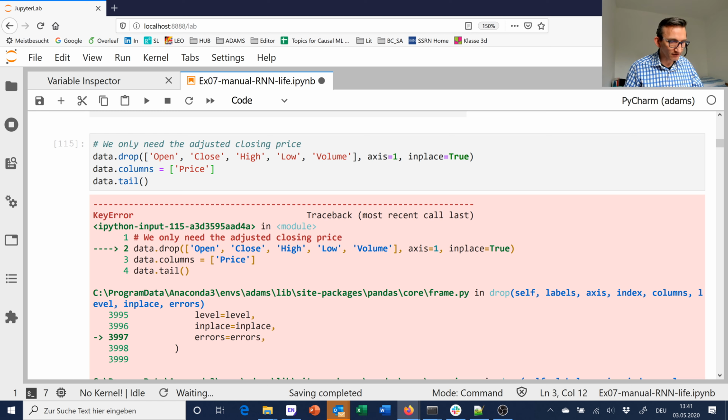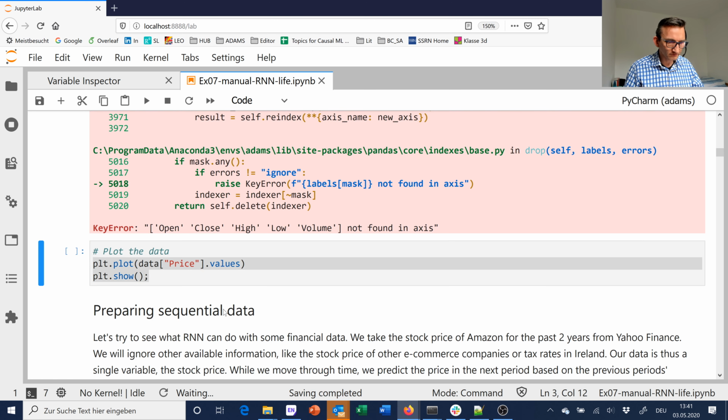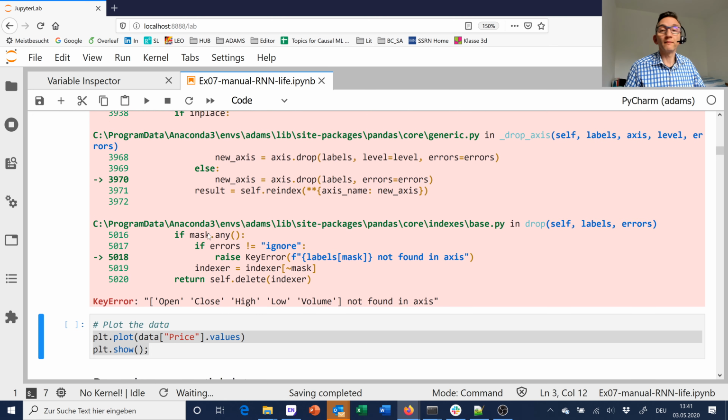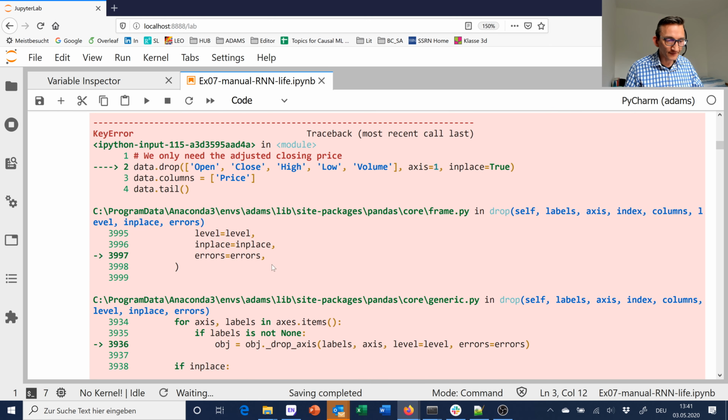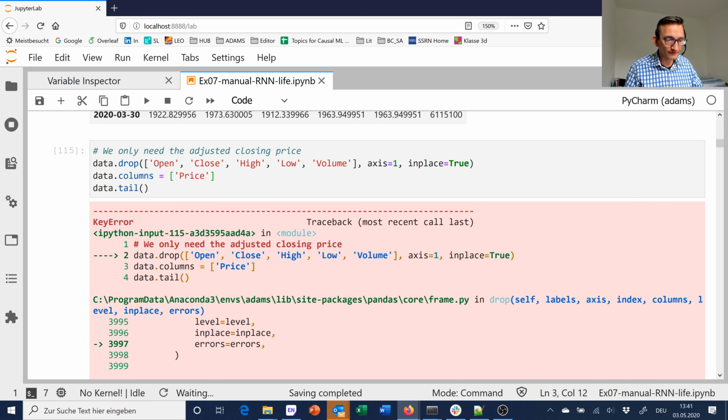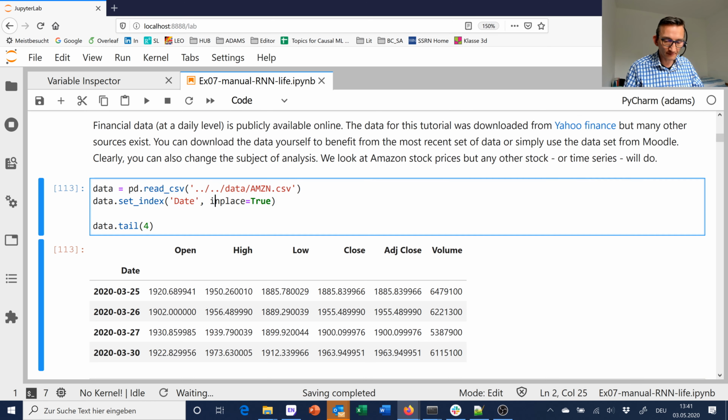Oops, and now I did something wrong. Did I misspell things? Oh yeah, of course, silly me, because I changed the data frame. This line no longer works because these columns have already been deleted.